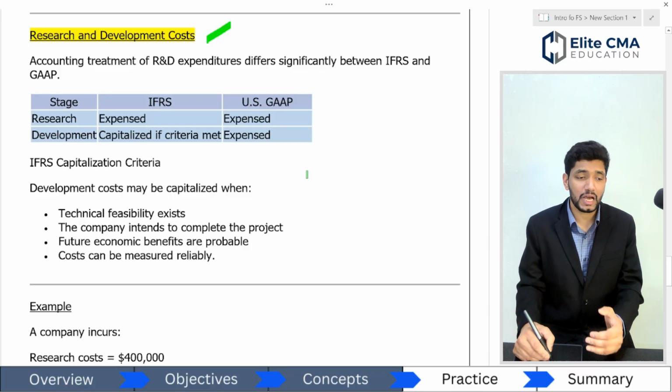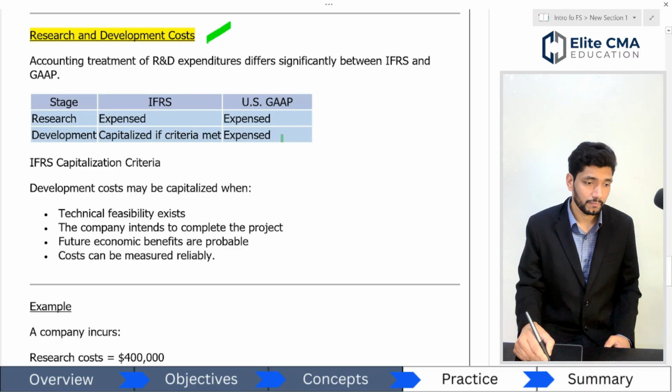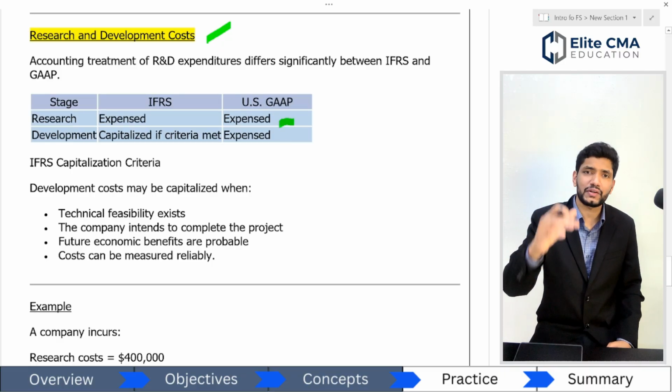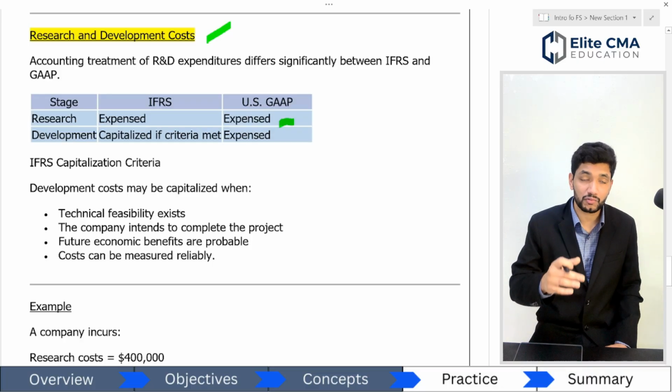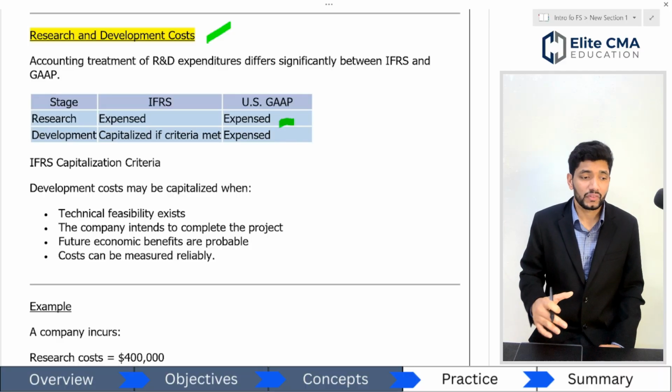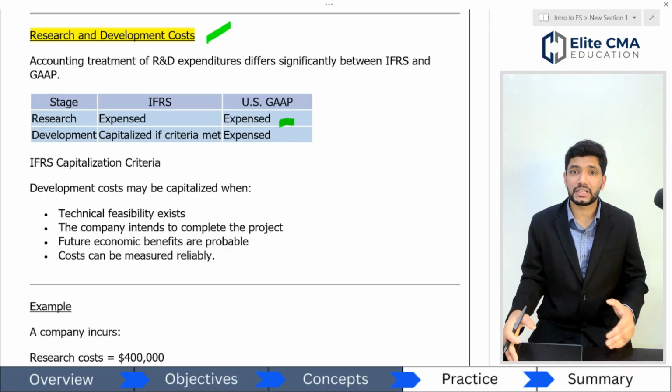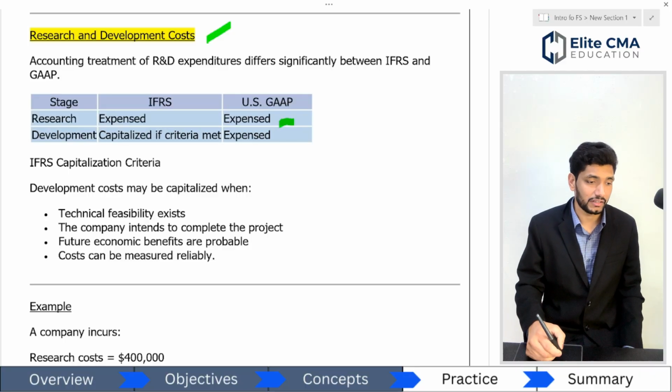But even in US GAAP, it is still expensed. So research expenses have similar treatment between IFRS and US GAAP, that is both are expensed. But for development cost, in IFRS it can be capitalized if certain criteria are met.